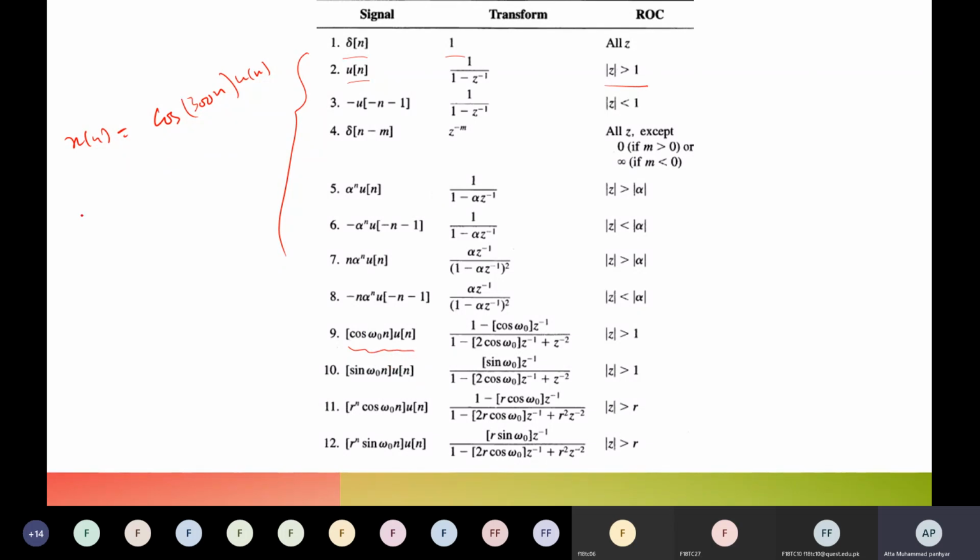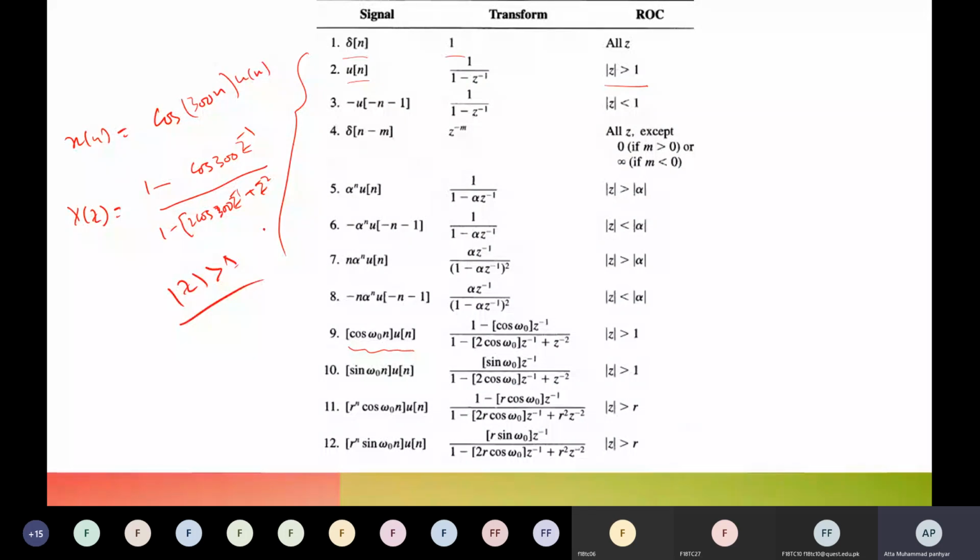All you need is to write X of z equal to 1 minus cos 300 z inverse upon 1 minus 2 cos 300 z inverse plus z square, where omega naught is 300, and it must be greater than 1, right?